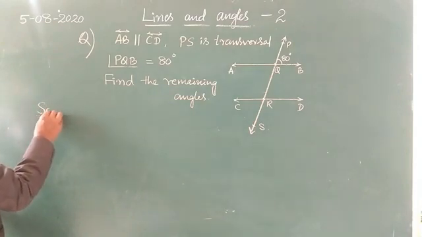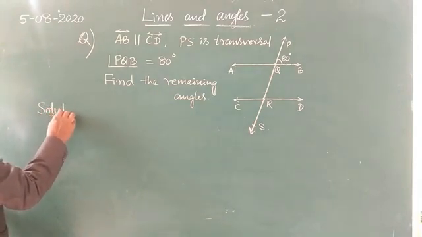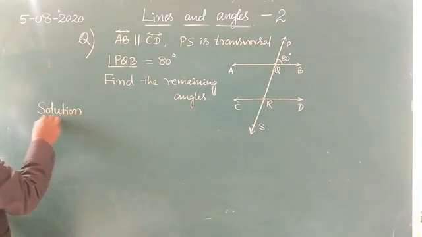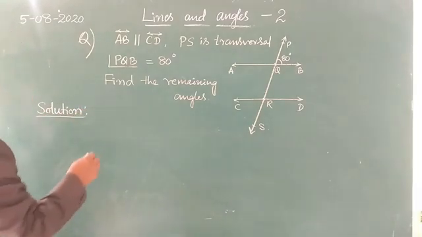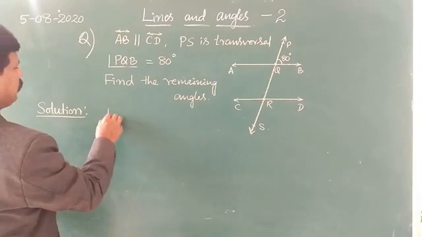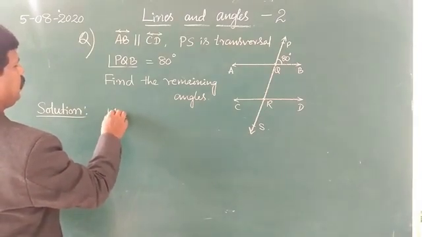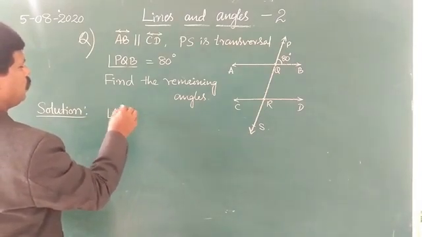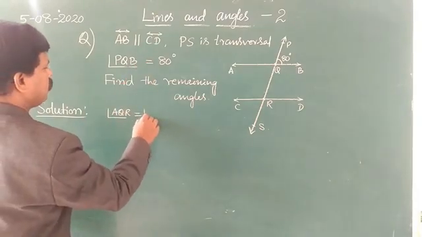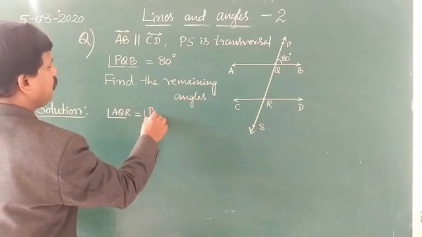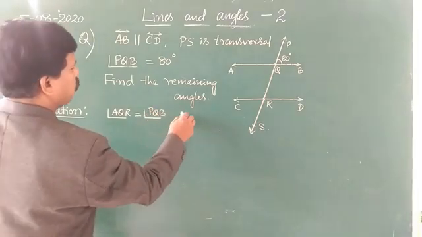Solution. First, I will take this one. Angle AQR. Look at that. Angle AQR is equal to angle PQB. So what is this?